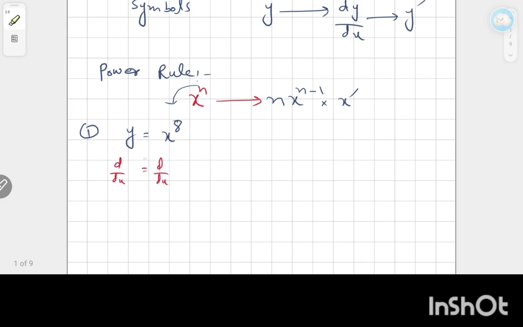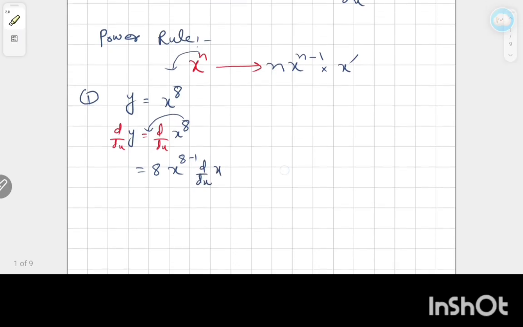So this will be y prime and this will be x power 8. The same rule applies: the power comes at the start, 8 x power 8 minus 1, which is 7, then we take the derivative of x.